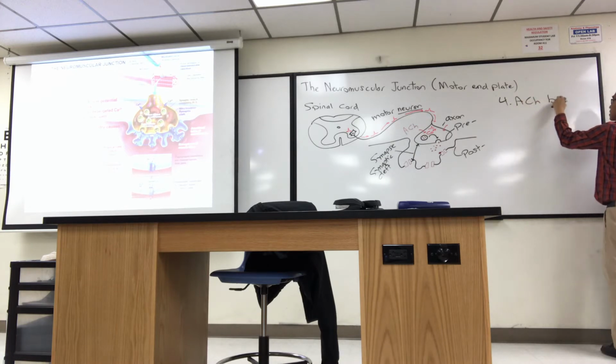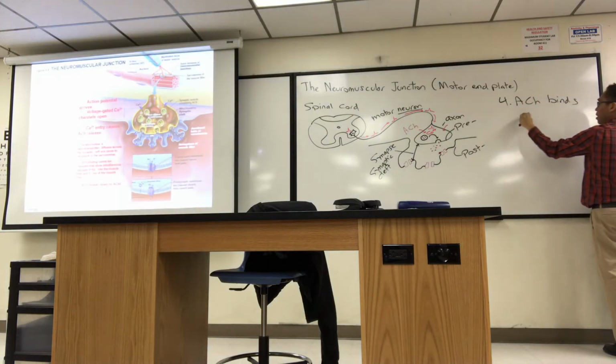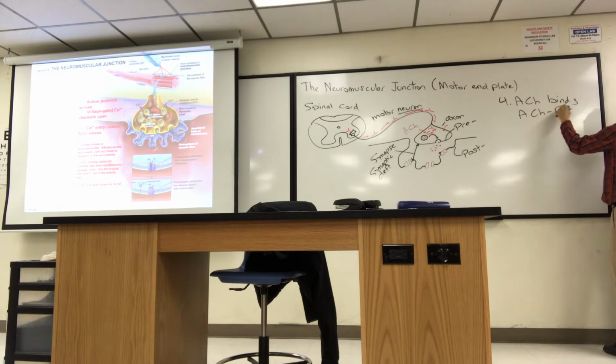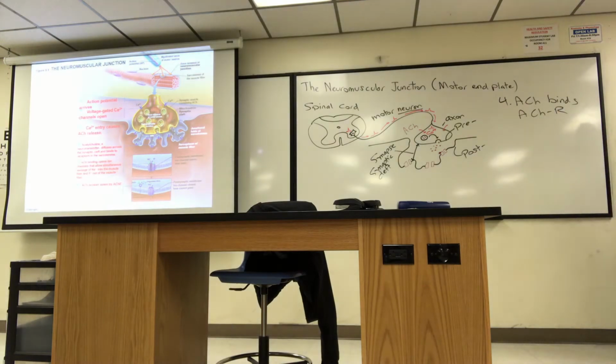ACH binds ACHR. ACH is my shorthand for acetylcholine, and ACHR is acetylcholine receptor. The R is receptor, and sometimes they're called ligand-gated receptors as a more general description.